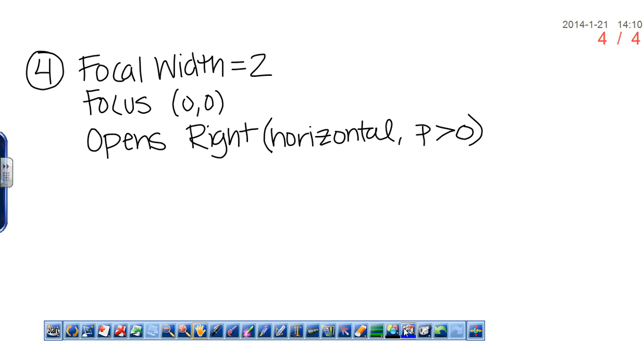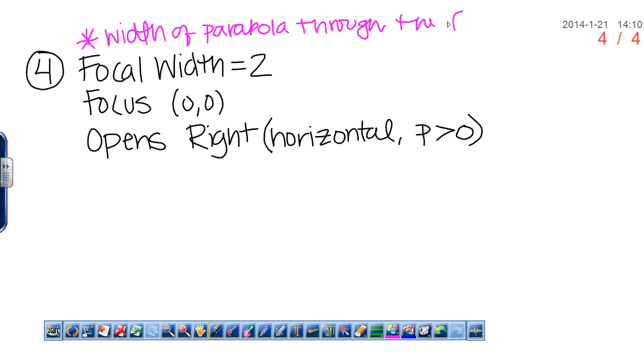Okay, remind me what the focal width is. It's not p. Yeah, it's the width of the parabola through the focus. So it's the width at the focus of the parabola.